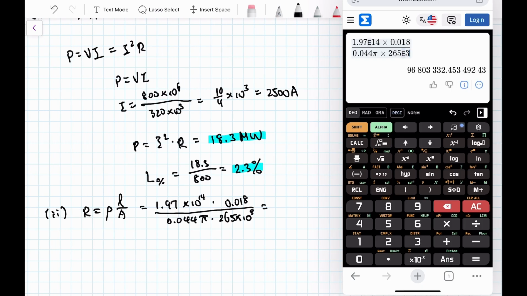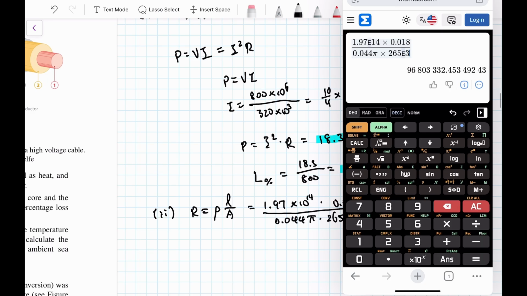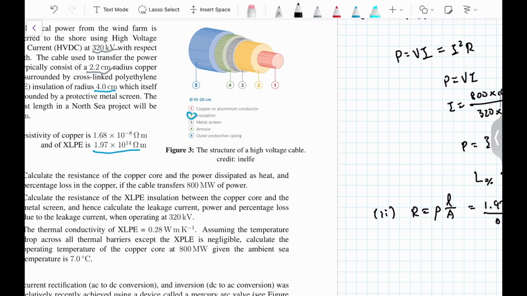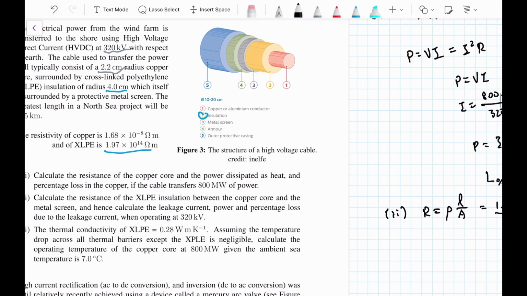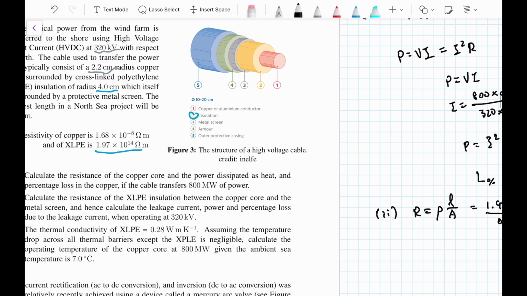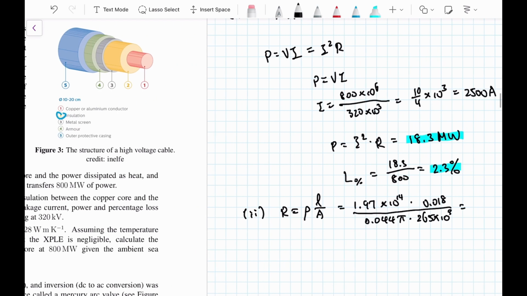So that is a rather large number. Wait, let's see, just checking if there's anything. The length, yeah.